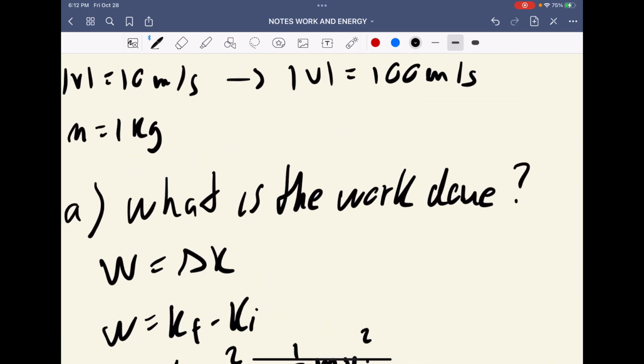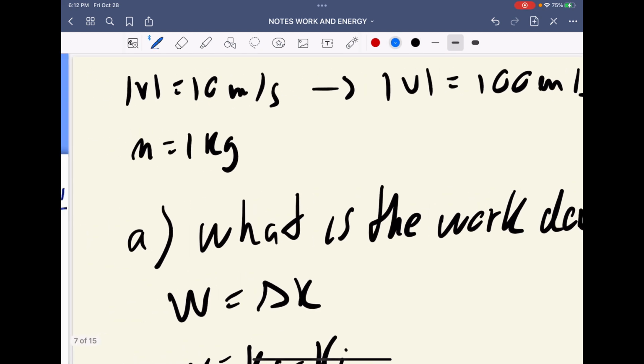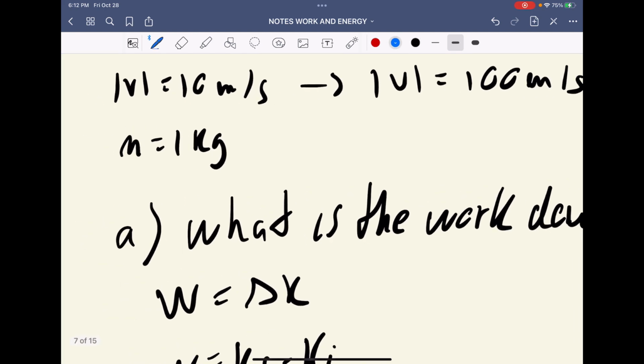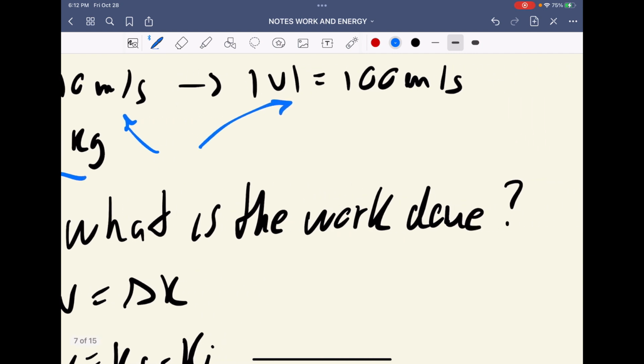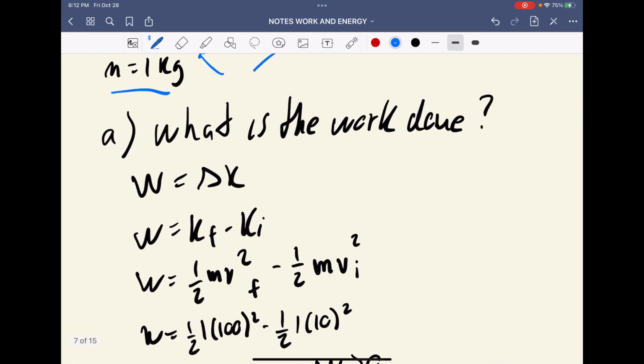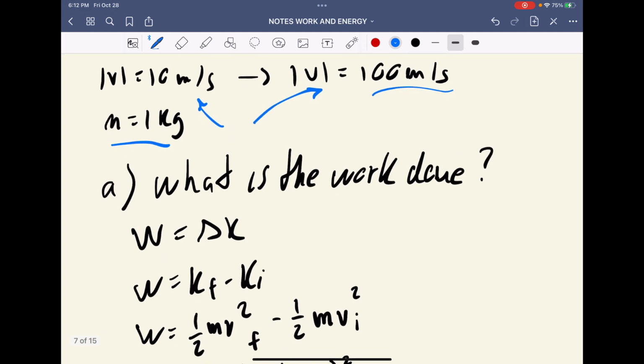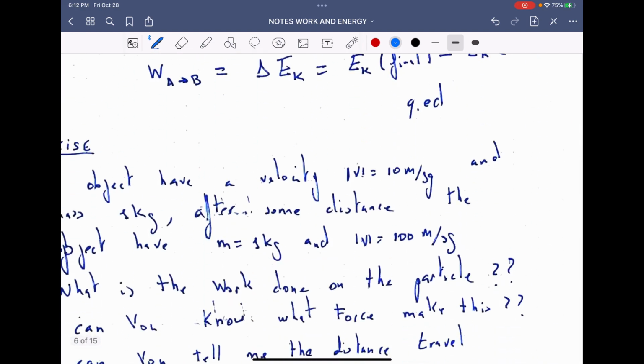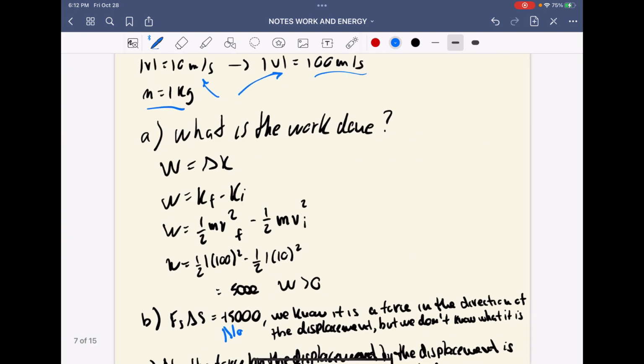We have the velocity here that has a mass of 1 kilogram, and that after some distance, the velocity increases to 100 meters per second. We don't know the distance, but we know that there is a work done to change the velocity here.